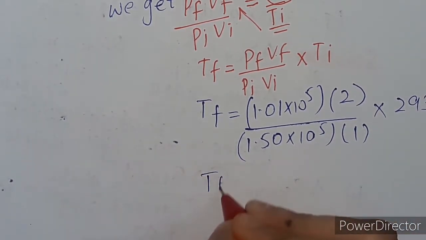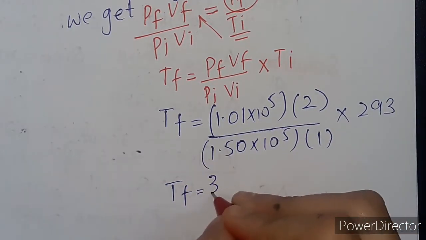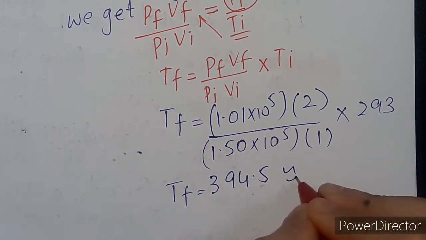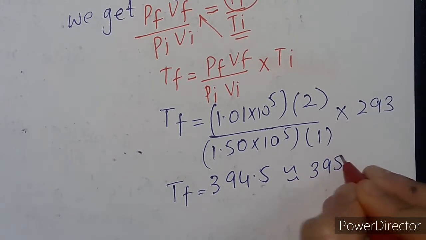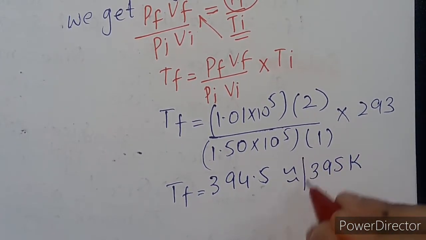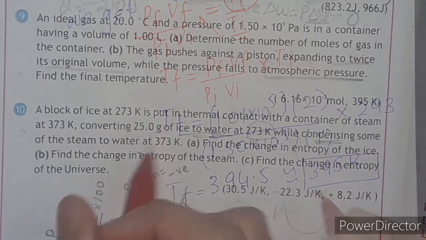So Tf is equal to 394.5, which is equal to 395 Kelvin. So this is the answer.